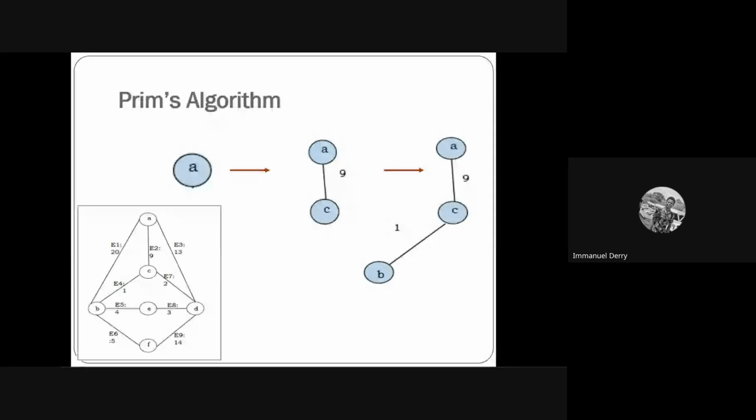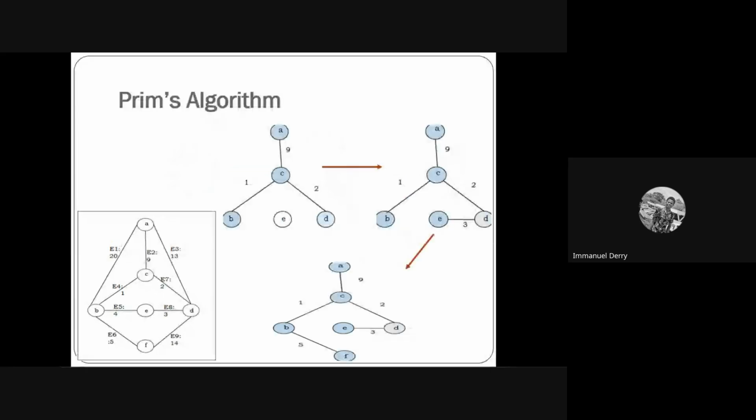Then we move further to this, then to this, then to this one as well, and we are getting the same thing as we had earlier on. So Prim's algorithm works the same as Kruskal's, but it focuses on selecting vertices.